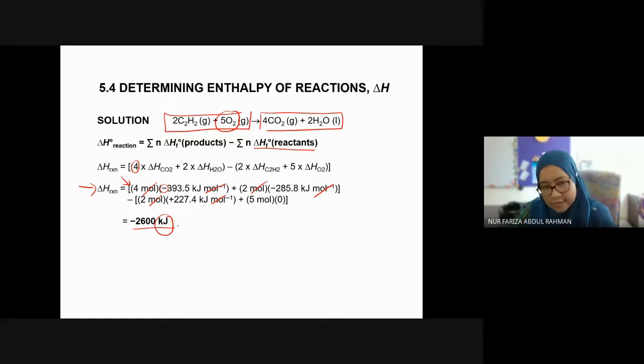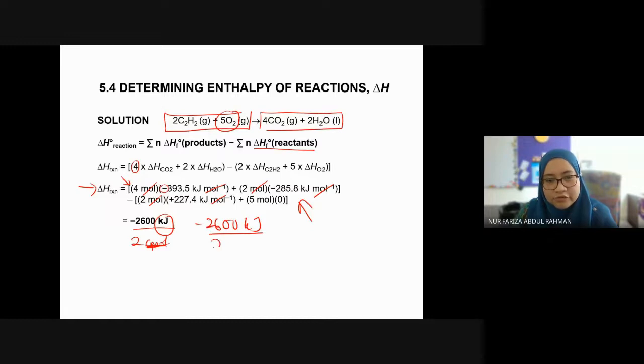Yes, with respect to this one. But if you look back at the coefficients, actually you can. This amount is for 2 mole of C2H2, like I said last time.